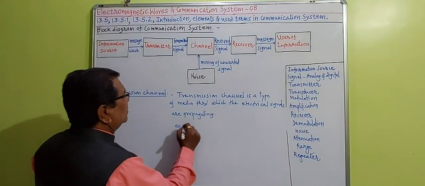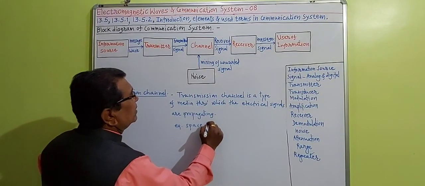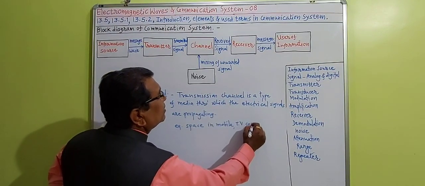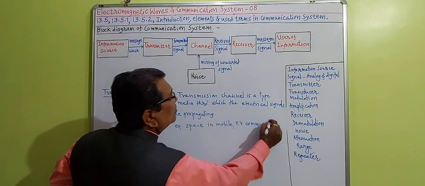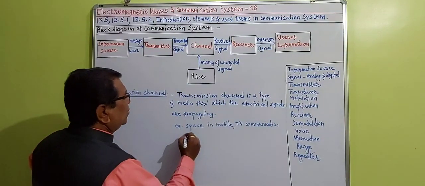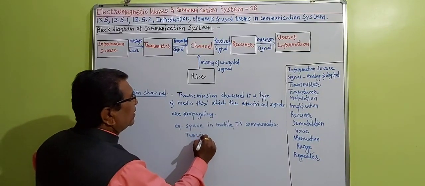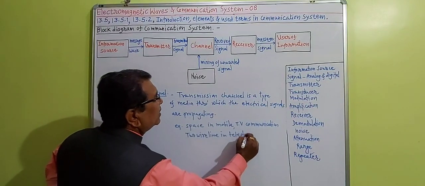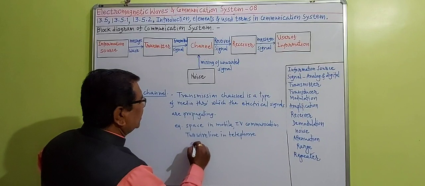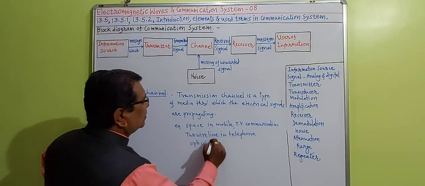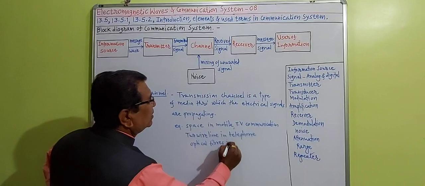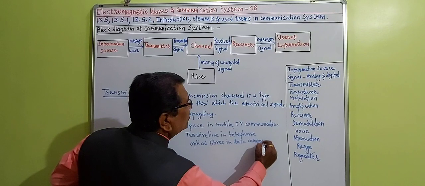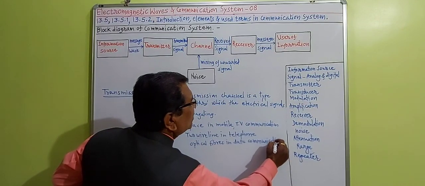For example, space in mobile and TV communication. I have already told you that two wire lines in telephone or optical fibers in data communication. These are some examples of transmission channel.